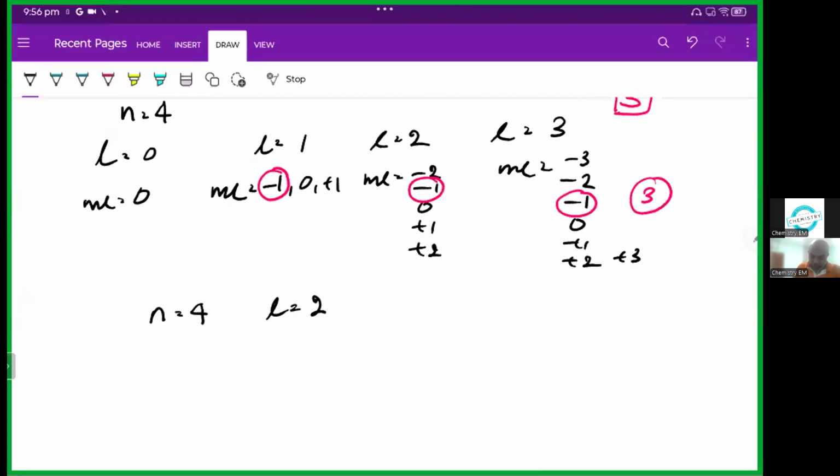When n is equal to 4, that means the fourth main energy level. Fourth main energy level means we have 4s, 4p, 4d, and 4f, no?